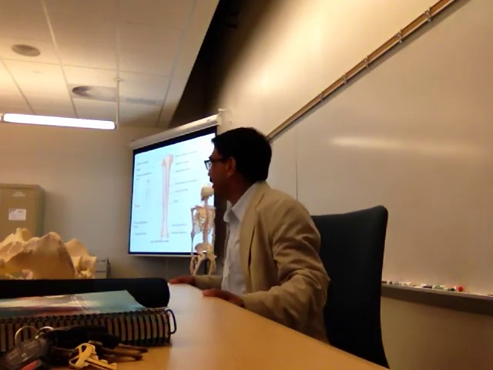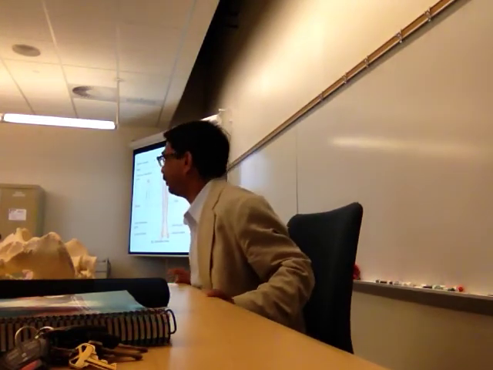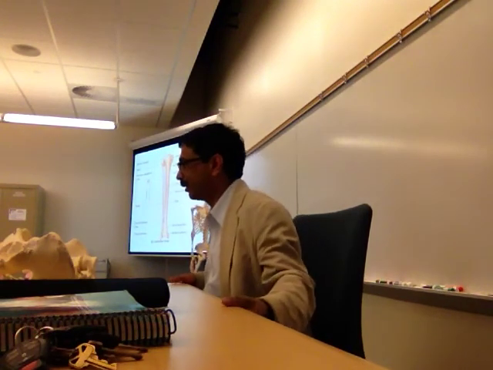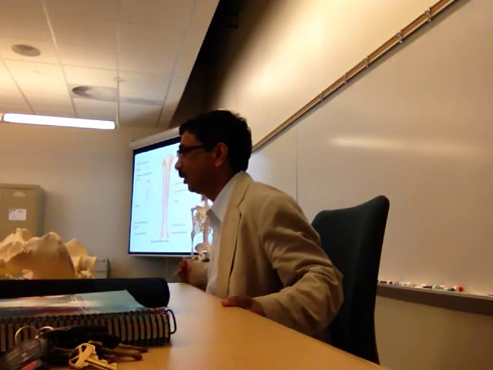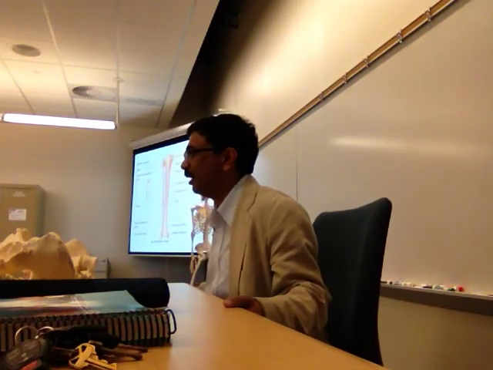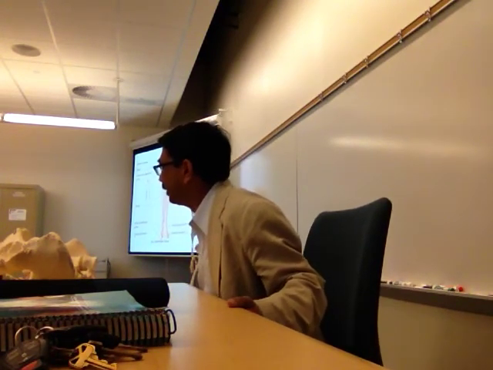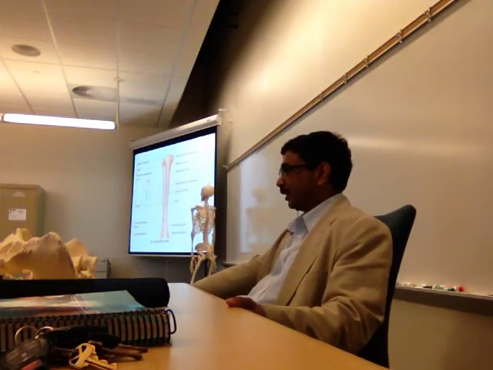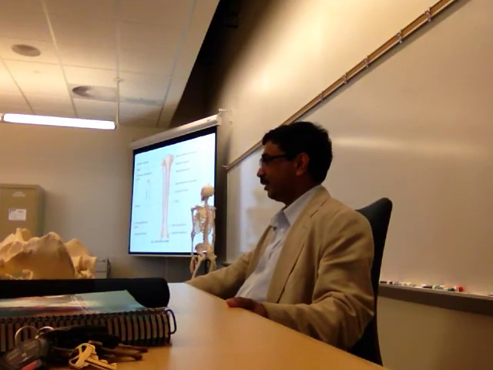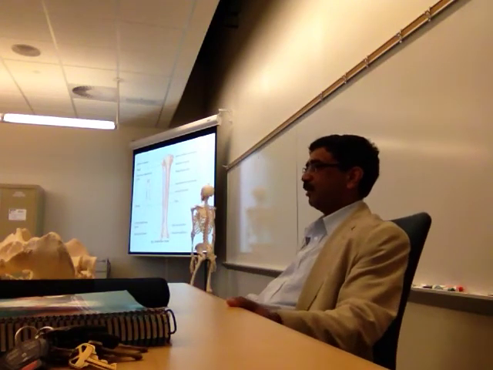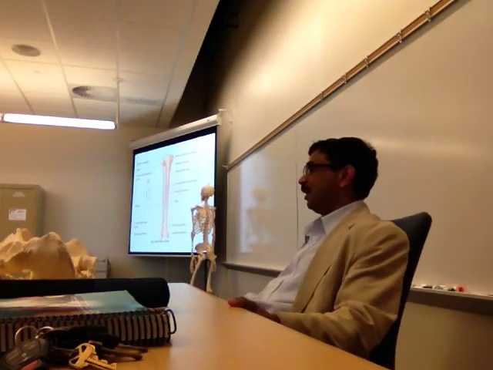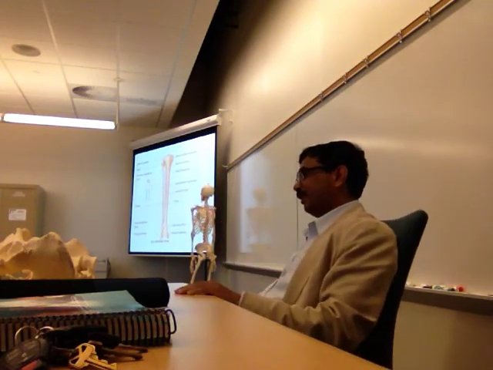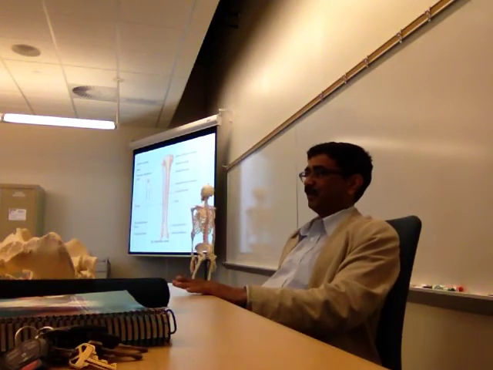Tibial tuberosity provides attachment to the patellar ligament. I'll probably ask you in the exam, particularly in the lab exam, that you identify the tibial tuberosity. You can easily identify the tibial tuberosity, the rough structure in the upper part of the tibia, the front, where the patellar ligament gets attached.